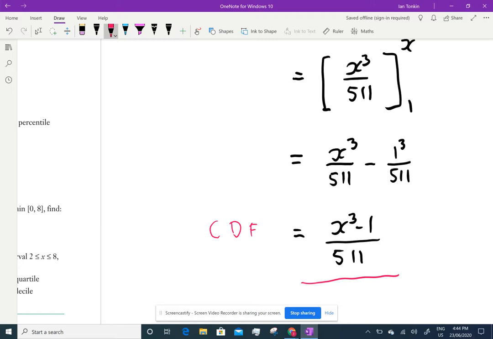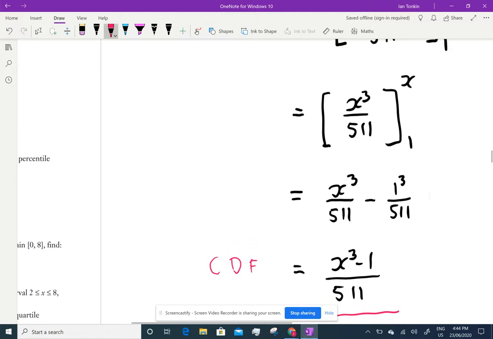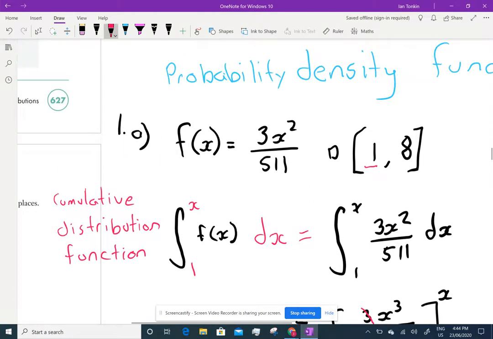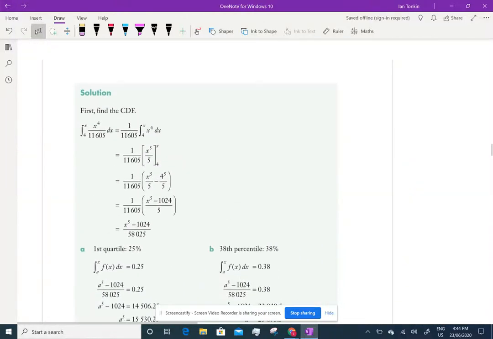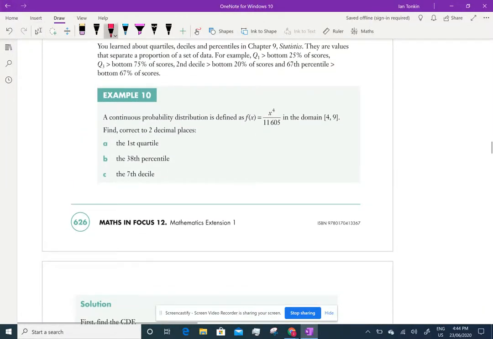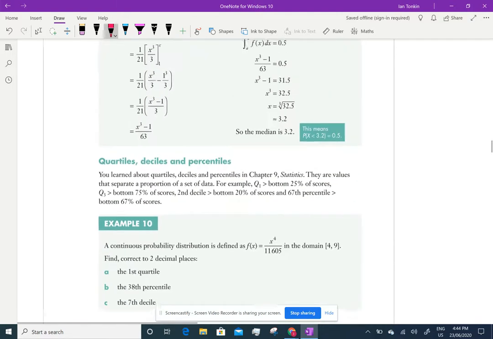Now, what can we use it for? Well, we can use it for calculating the probabilities of this function between whatever values we want. But because it's cumulative, we can also use it to calculate these sorts of things: quartiles, percentiles and deciles.